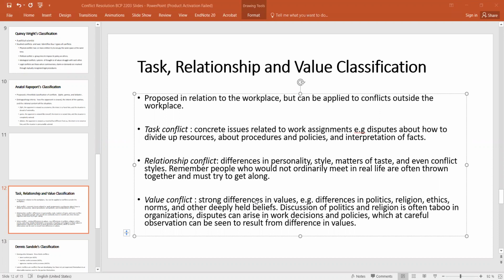But when you look closely at that disagreement, it's not really because of whether we tell the truth now or later. It is because of our values. Someone has very strong religious values that say lying is completely wrong. And another person's values say, yes, lying is wrong, but we are going to tell them the truth later. And that is where value conflict might come in.